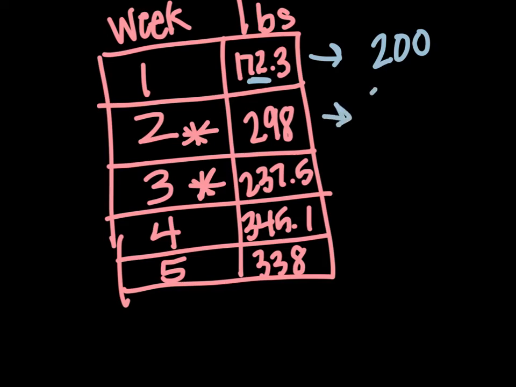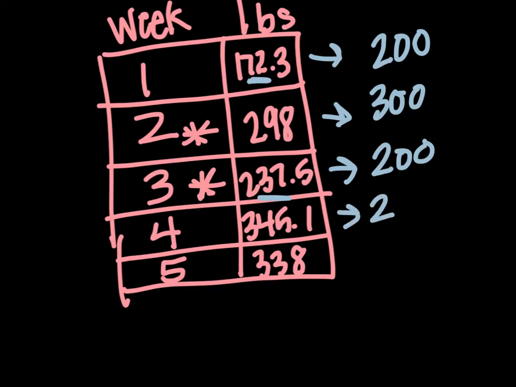298 is going to estimate to 300. 237 and 5/10 is going to go down to 200, because 37 is less than 50. I have 345 that's going to estimate again down, and 338, which we're going to estimate to 300.